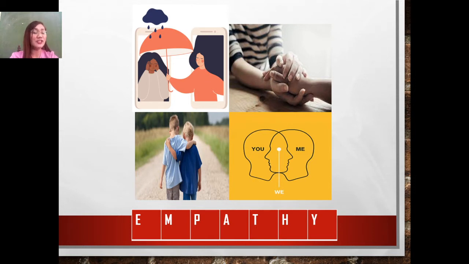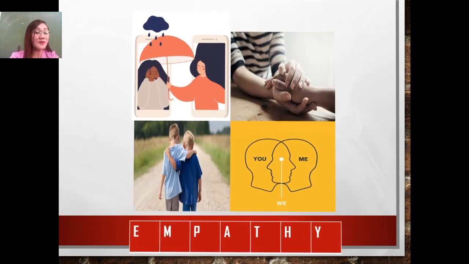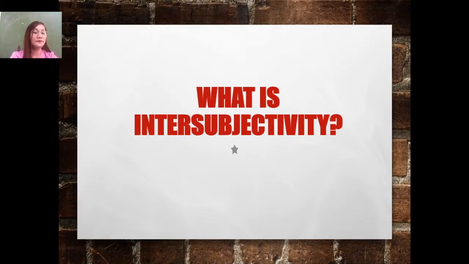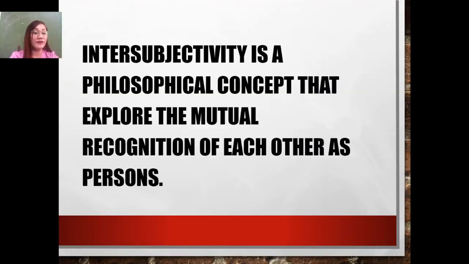These are some of the concepts of our new lesson for today, which is intersubjectivity. So what is intersubjectivity? Okay, very good. So intersubjectivity is a philosophical concept that explores the mutual recognition of each other as persons.